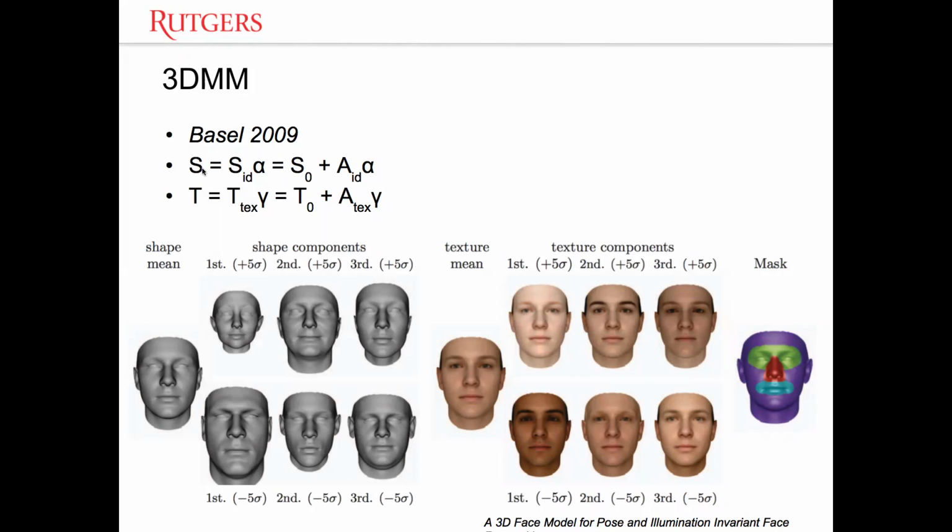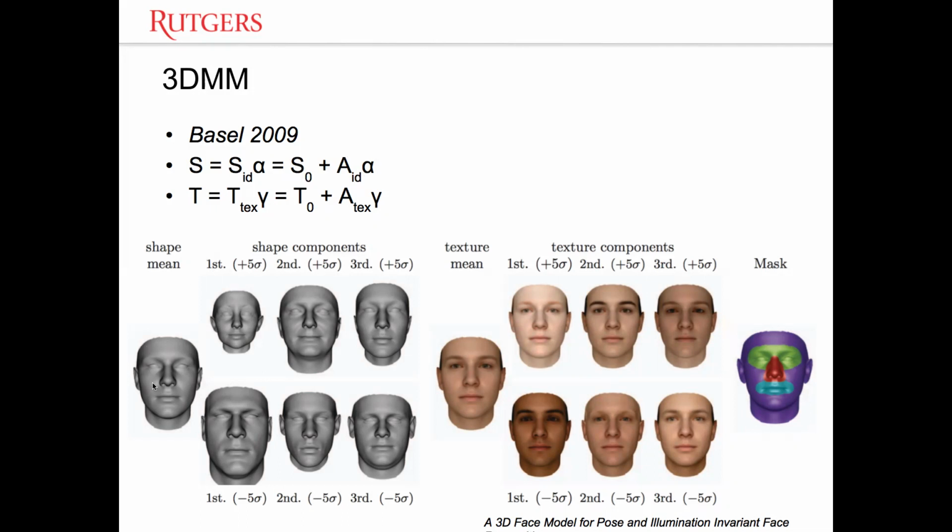So this is a long high dimensional array. It's actually an average shape S0 plus the identity axis, which is the first principal axis, times your weight.